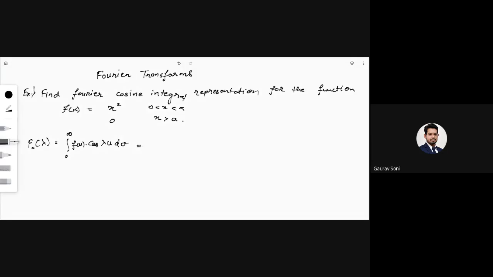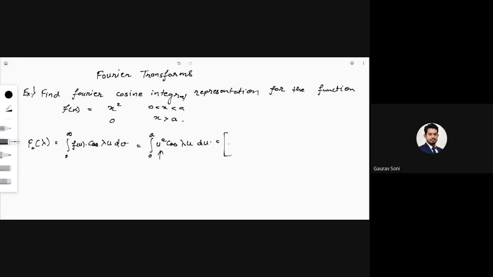So this is equal to integral 0 to a u square cos lambda u du. As we have seen, this is a polynomial, so being a polynomial, we will use the generalized UV rule.